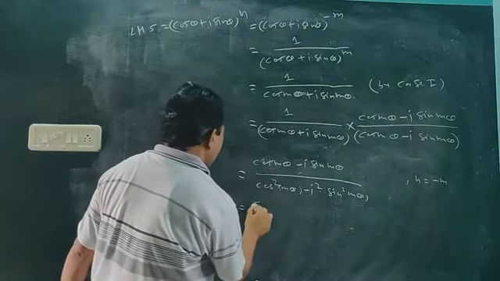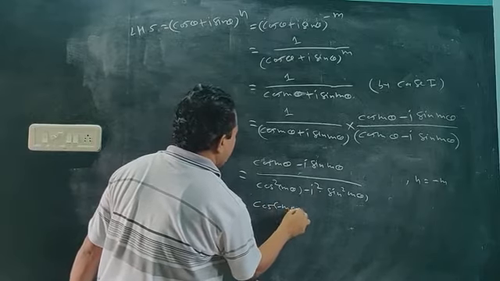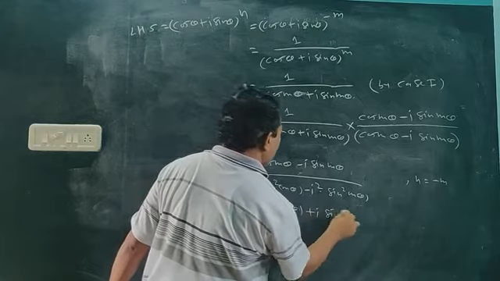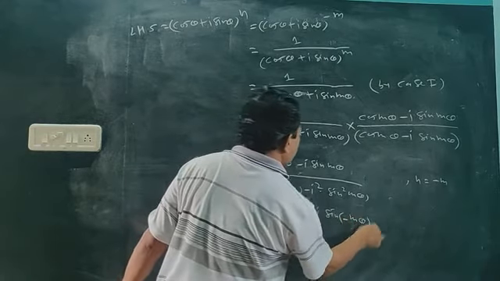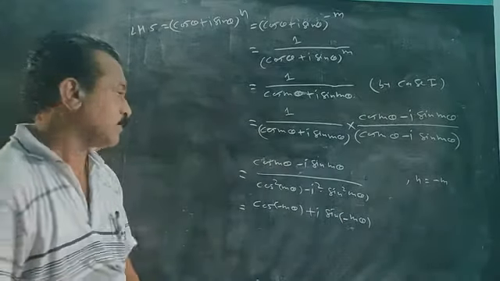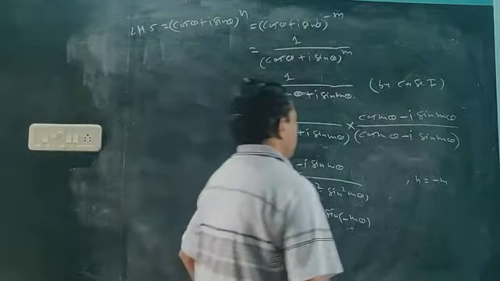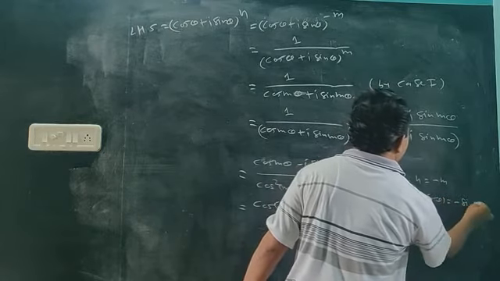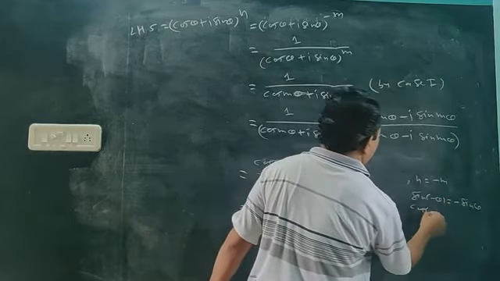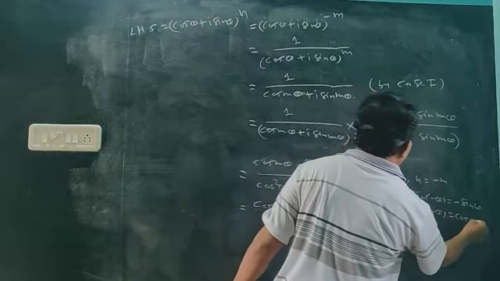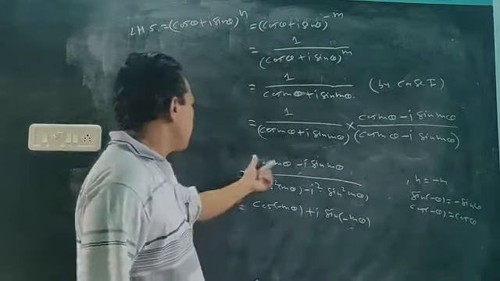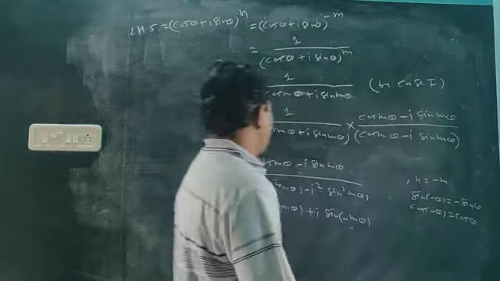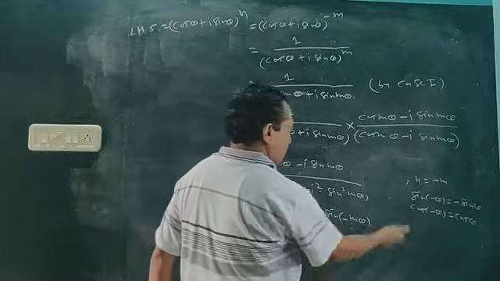So cos of m theta is the same as cos of minus m theta, and sin of minus theta is minus sin theta, and cos of minus theta is cos theta. Equality holds in both. Therefore, in place of this we can write minus m everywhere, because of the minus sign here: sin of minus m theta.